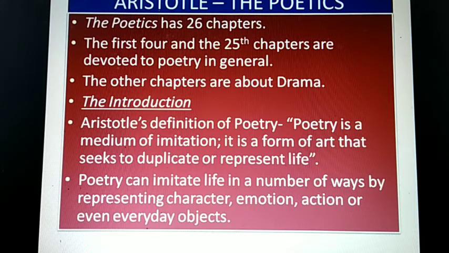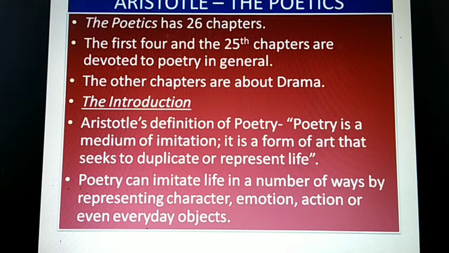But before he begins tackling these topics, Aristotle first seeks to define poetry. Poetry, according to him, is first and foremost a medium of imitation, which means a form of art that seeks to duplicate or represent life.